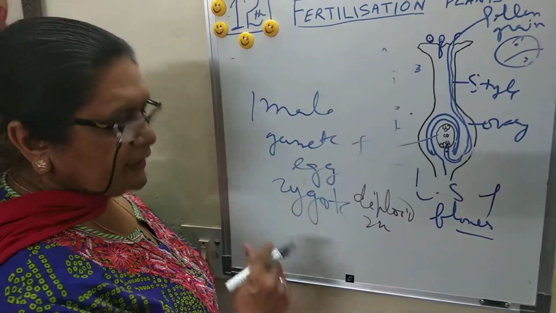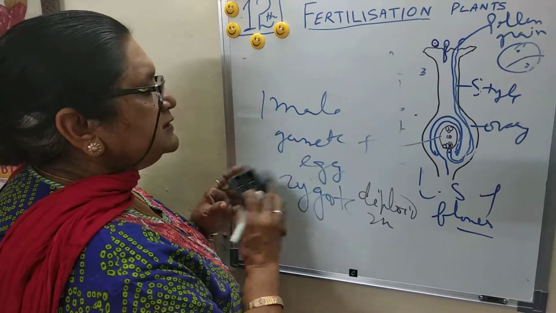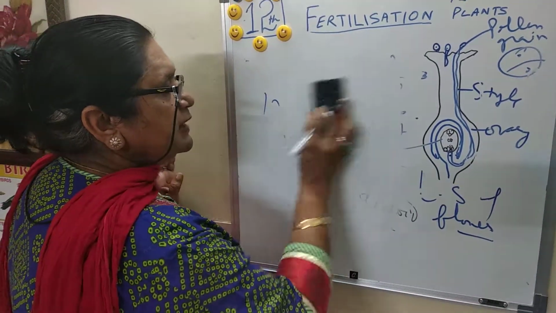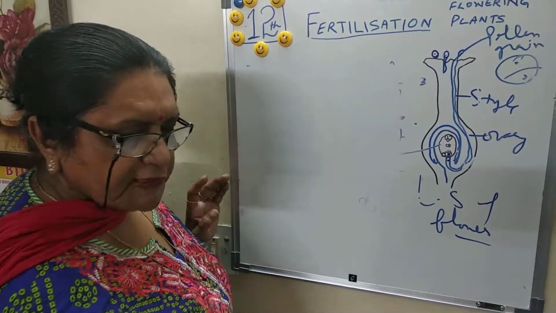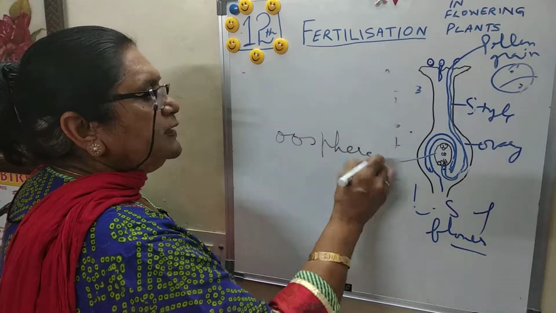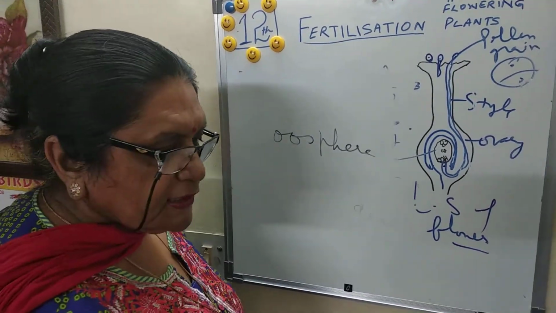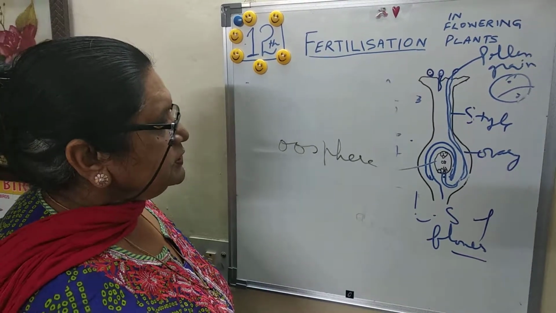The egg is also called oosphere. So mind it: oosphere before fertilization, and oospore after fertilization. So the first structure formed is called the zygote.